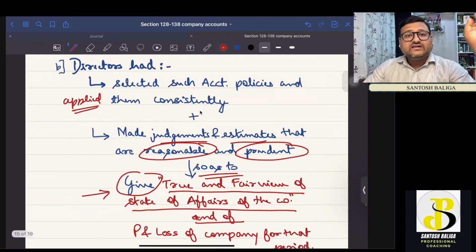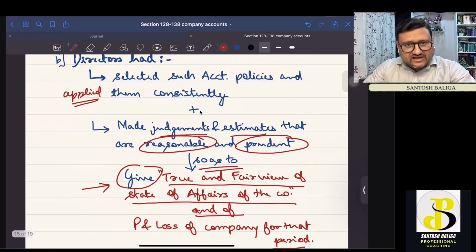Second point says that directors take responsibility that they had selected accounting policies and applied them consistently throughout the financial statements, and have made any judgment or estimate that is reasonable and prudent so as to give a true and fair view of the state of affairs of the company and of the profit and loss of the company for that period. This is given to whom? This is given to the stakeholders and the shareholders. Okay, so two points are covered.